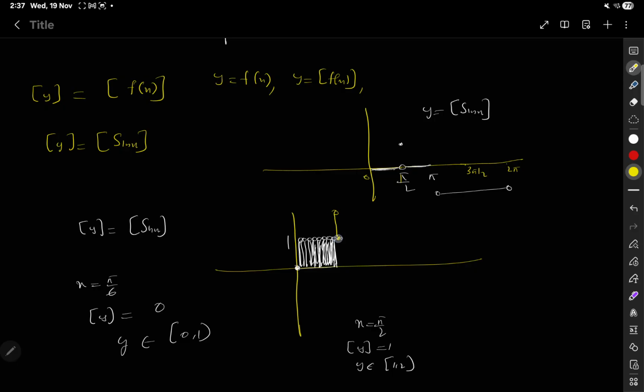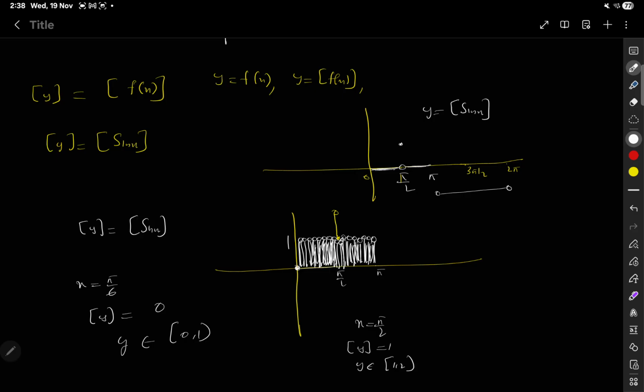Here it will come like this. Then except that point, again it will come like this, until pi. This is pi by 2. This much gap is not required. For you to understand, I have drawn.